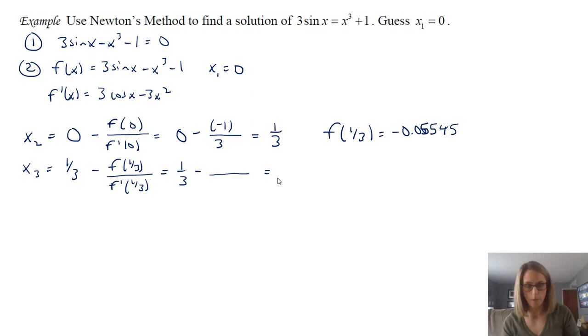I don't know why I did that, because we already know what f of 1/3 is. It's negative 0.05545. And then if we put 1/3 into our derivative, 3 cosine of 1/3 minus 3 times 1/3 squared, we see what we get there.